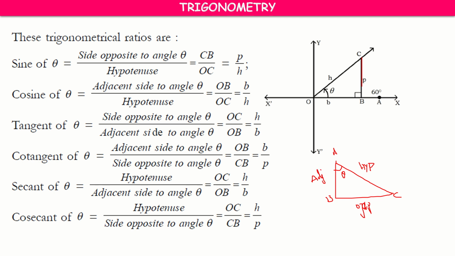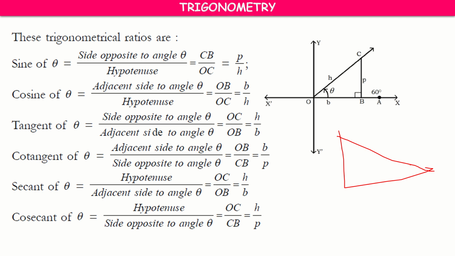Same right angle triangle, if I take the theta value here, this will become the opposite and the other side will become the adjacent, and this is the hypotenuse. Hypotenuse will never change, you know that. And one of the angles must be 90 degrees.